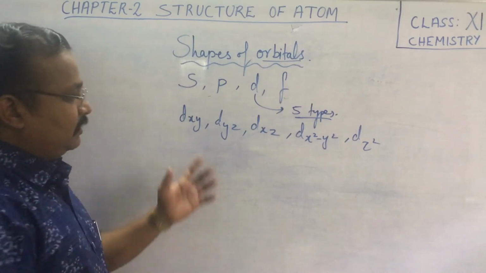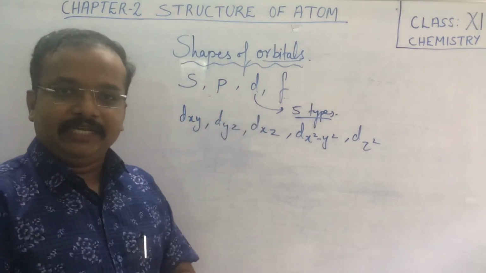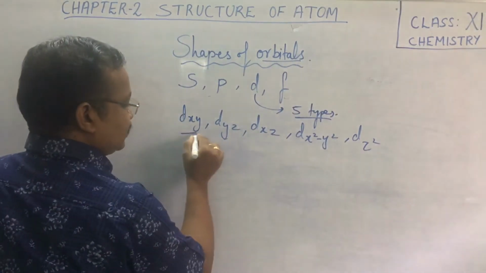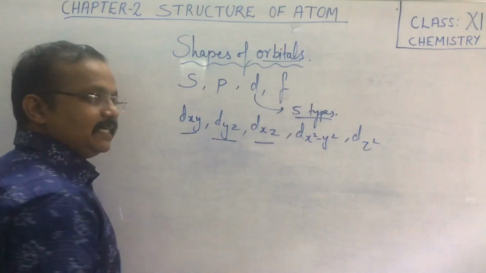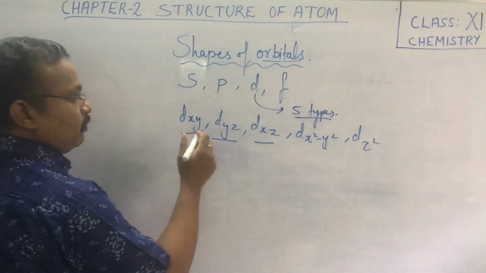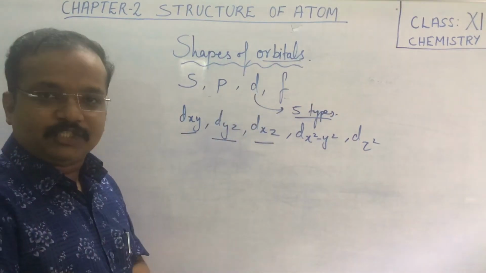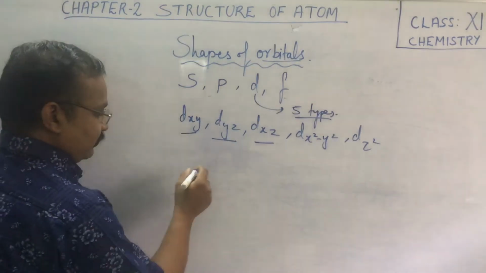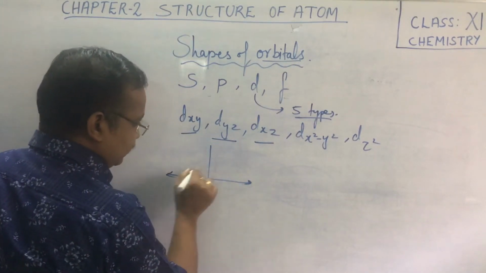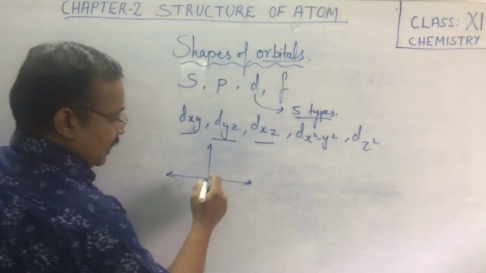So these are the 5 orbitals found in d orbitals. Let us study them one by one. Among these, dxy, dyz and dxz have similar shapes. They have double dumbbell shapes. Let us study about it. These 3 orbitals, dxy, dyz and dxz, are double dumbbelled.